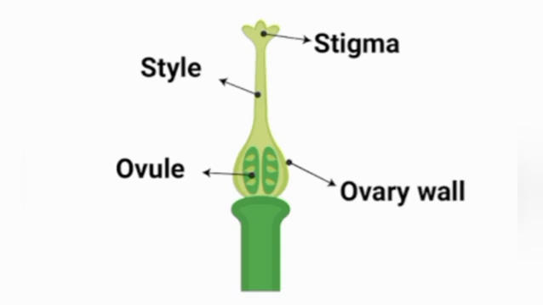The topmost sticky part of the style is called a stigma. The pollen grains are received by the stigma. This is the 4th whorl of a flower. So the female reproductive part is called gynoecium and the male part is called androecium.